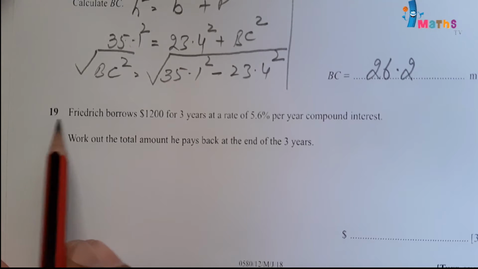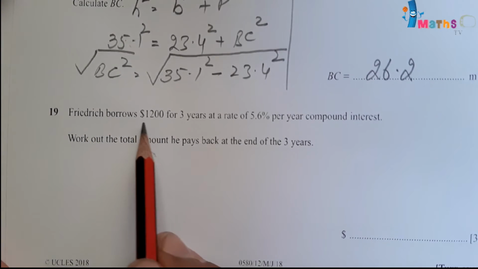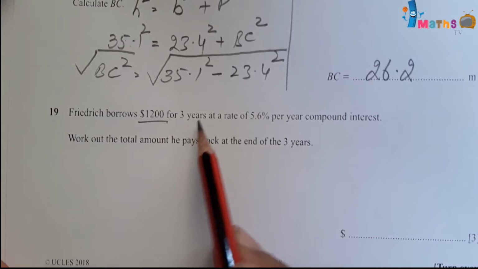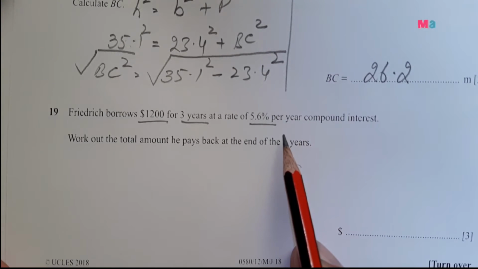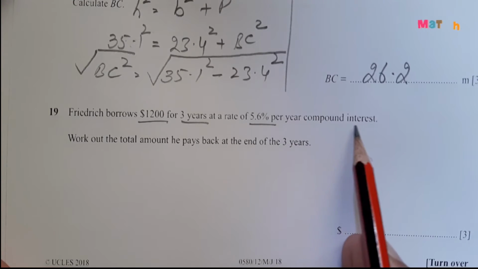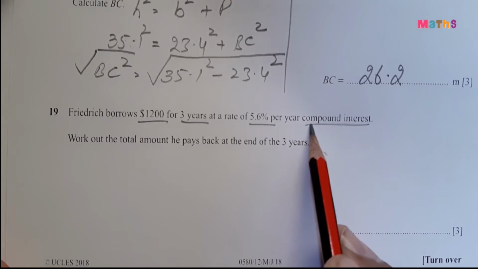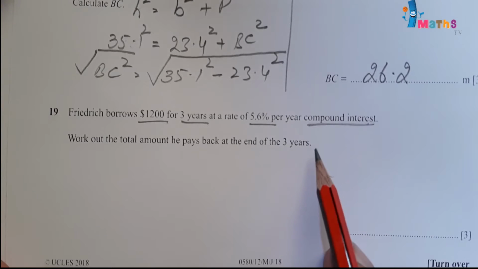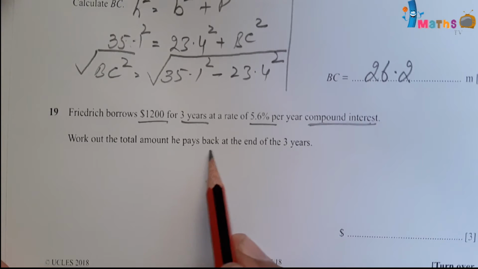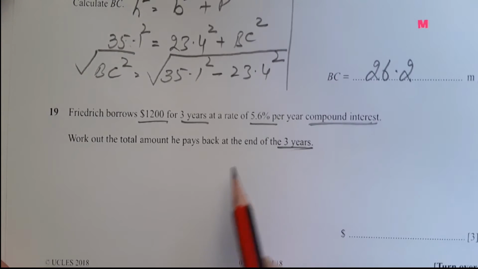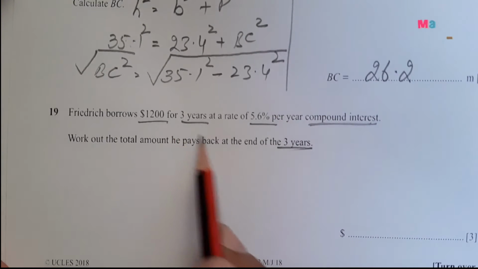Question number 19. Frederick borrows $1,200 for 3 years at a rate of 5.6% per year, compound interest. So we'll have to apply compound interest formula. Work out the total amount he pays back at the end of 3 years. So time span is 3 years.